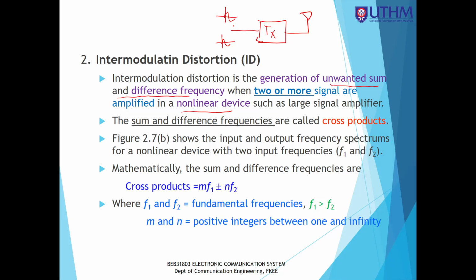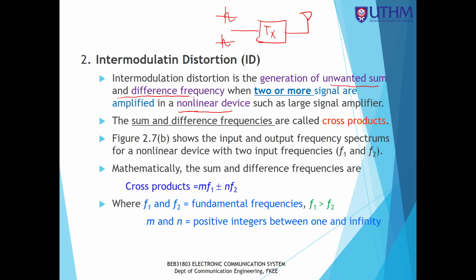You can have more than two to the transmitter. And what happened is that during the process of non-linear amplifications in the transmitter, apa itu non-linear amplifications?